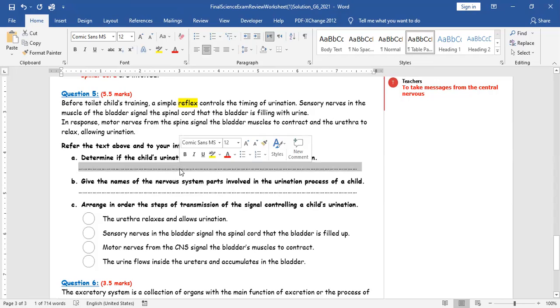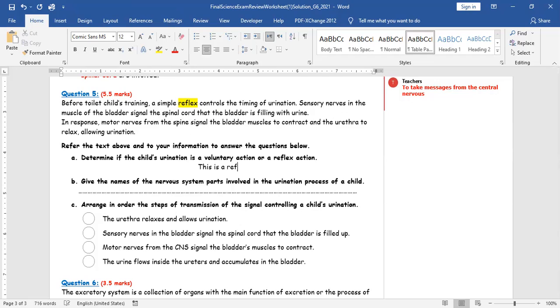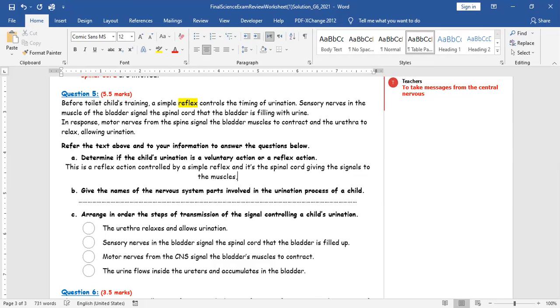This means that this is a reflex action controlled by a simple reflex, and it's the spinal cord giving the signals to the muscles. The brain isn't involved in this action.